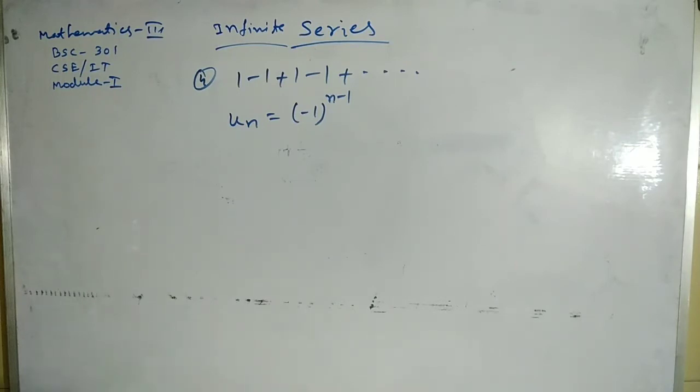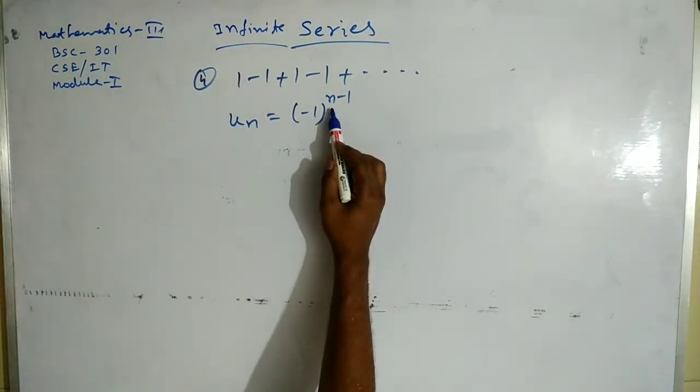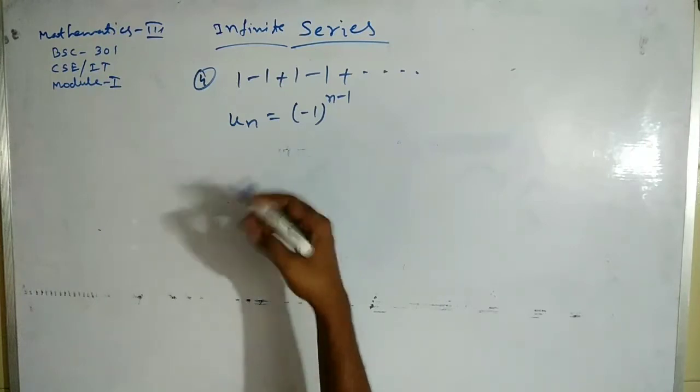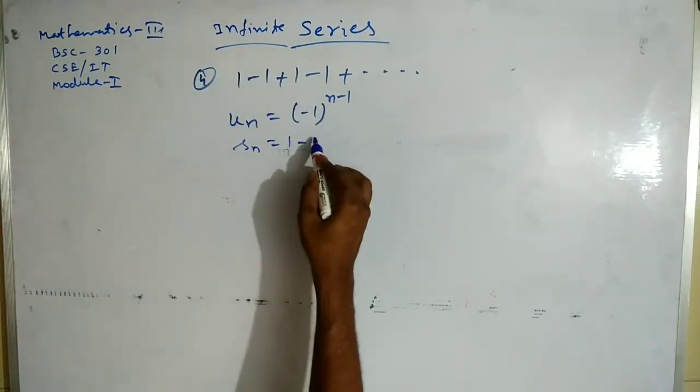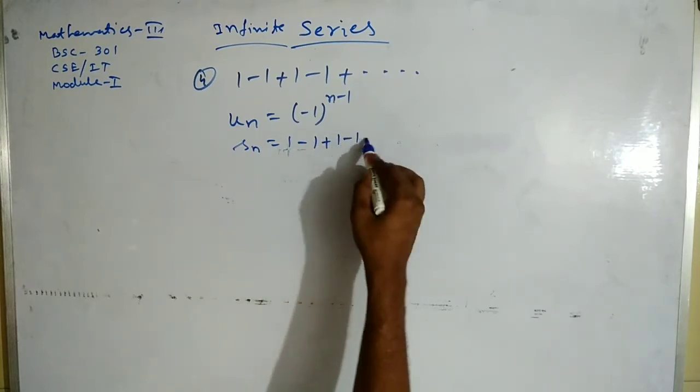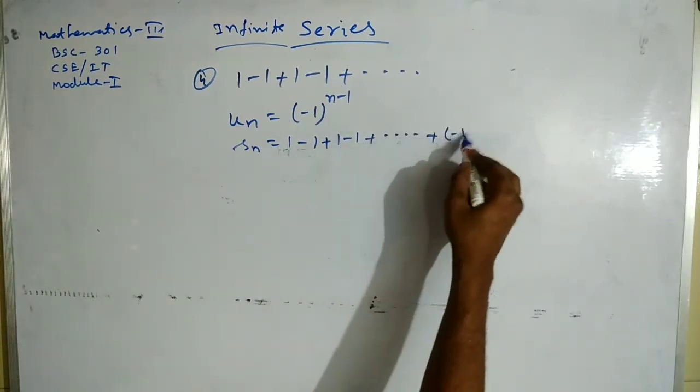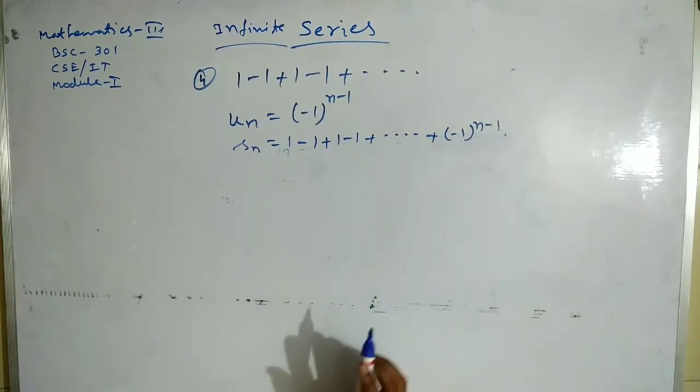If you put n equal to 1, that is minus 1 to the power 0, it will be 1. If n equal to 2, then the second term comes, and that will be minus 1 to the power 1, that is minus 1. In this way these terms will come. So Sn will be 1 minus 1 plus 1 minus 1 plus dot dot dot plus minus 1 to the power n minus 1.